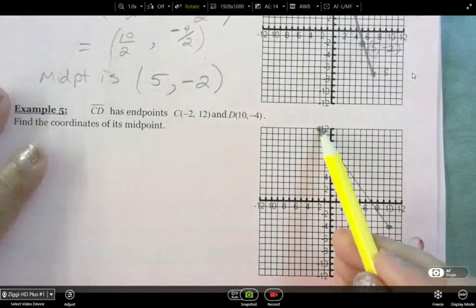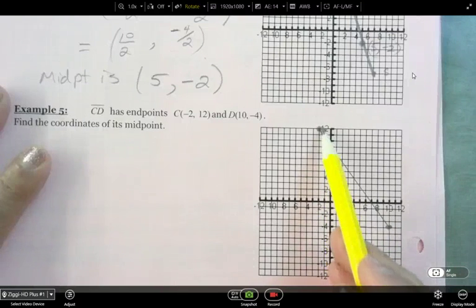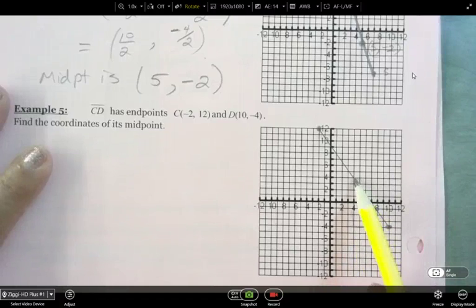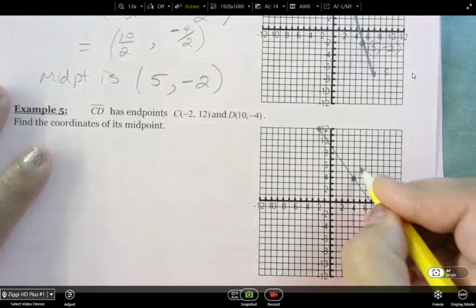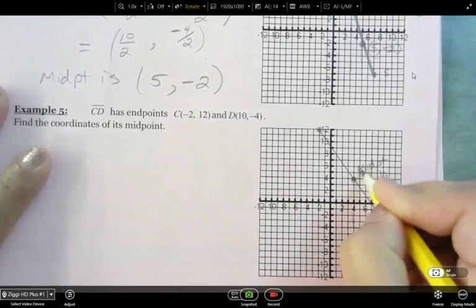How far away are my x values from each other? Just look at the differences of the x's. How far apart are they? What's halfway? 4? Okay, and I know it's going to have to end up on the line, so where does this end up being? Okay, midpoint is 4, 4.